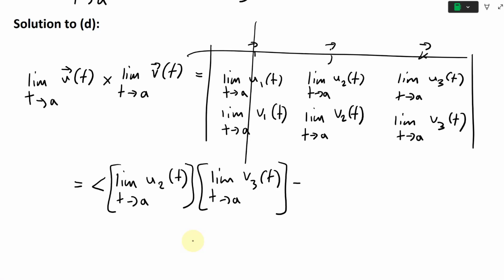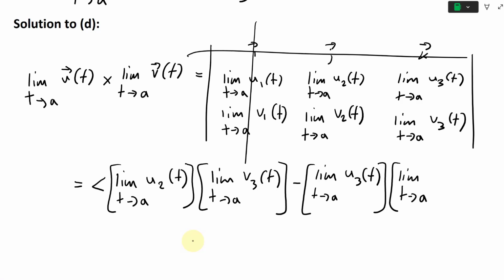and then minus the limit as t approaches a of u3 times the limit as t approaches a of v2. We put the multiplication there so that we're not dot producting; these are just functions, not vectors, so we're just multiplying.